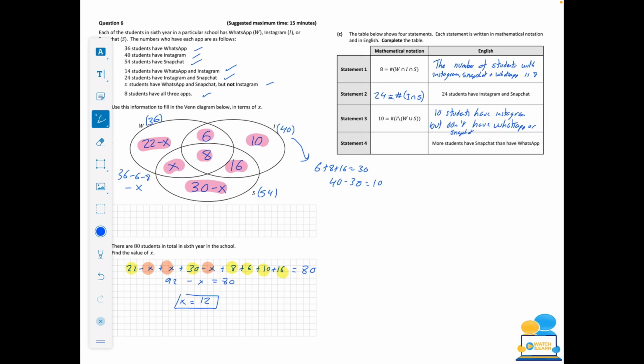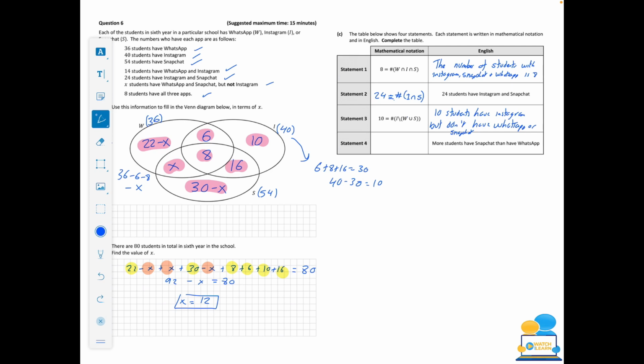What's useful with this question as well is that the number 10 is only out here. So from the set you might understand it better than the set notation or the mathematical notation. These people are only in Instagram, not overlapping with any other set.